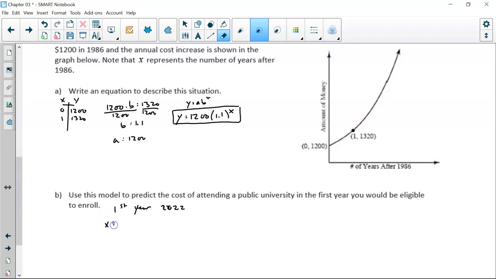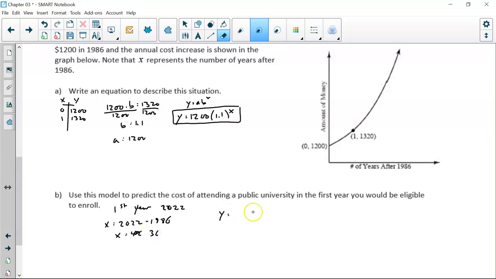So x equals 2022 minus 1980. So that would be 42. Oh, sorry, 1986. So it's not 42 at all. So it'd be 36, excuse me.